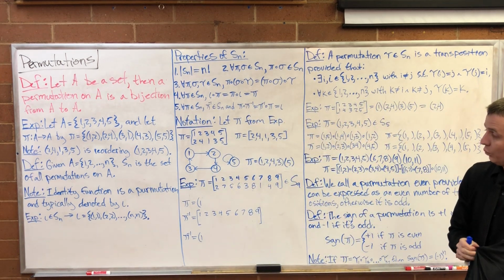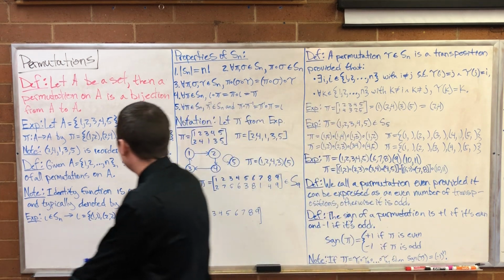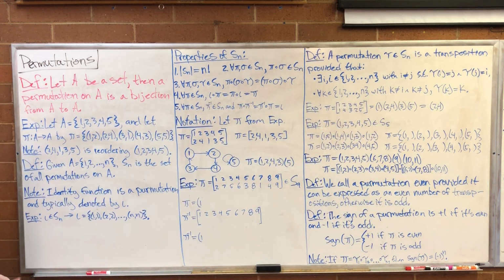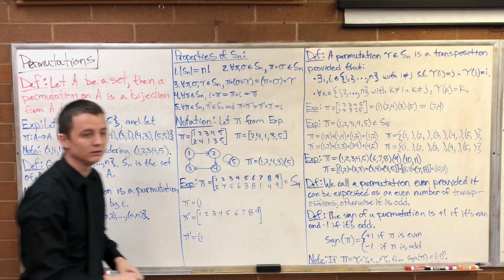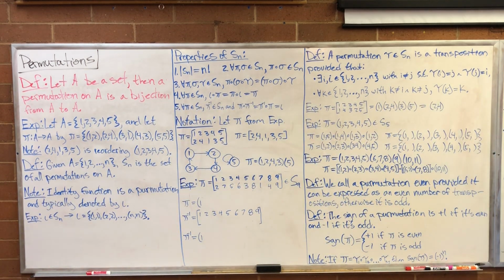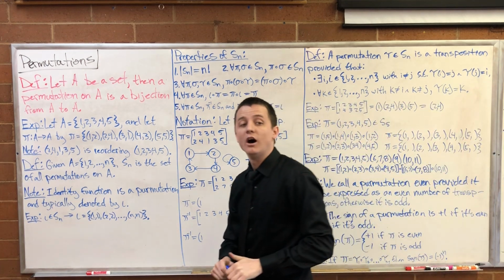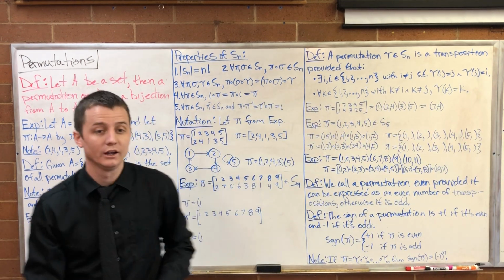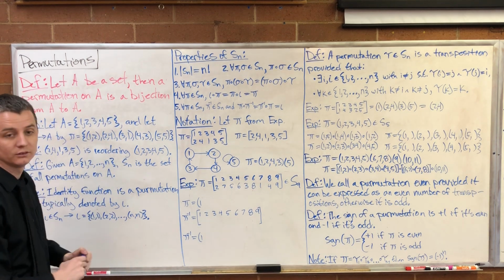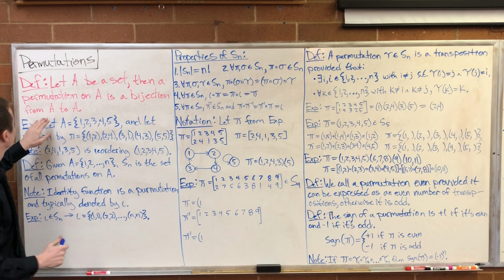So what is a permutation? Let A be a set, then a permutation on A is a bijection from A to A. Now, what's a bijection? It's a function that's both onto and one-to-one, right?